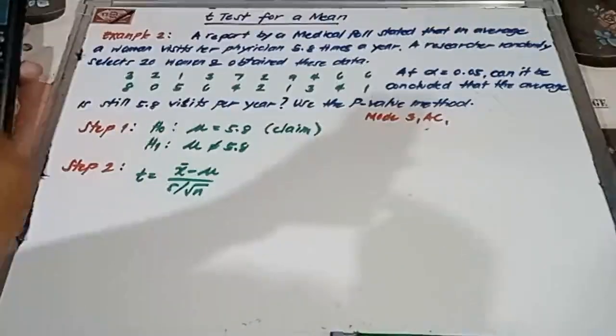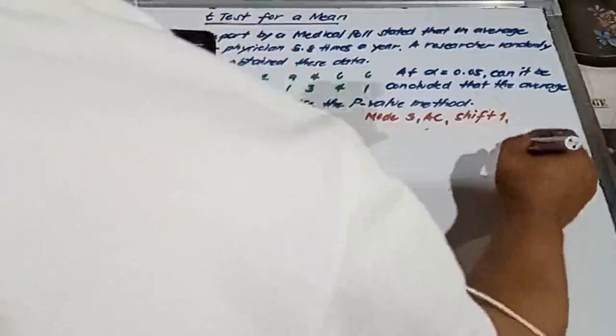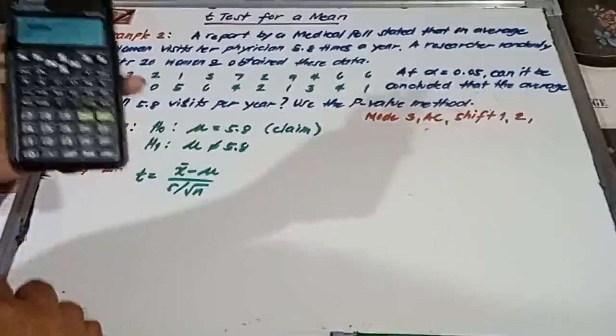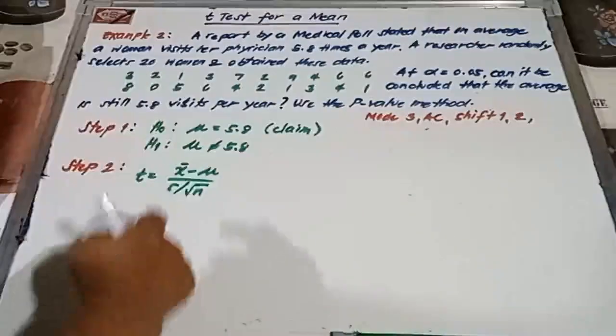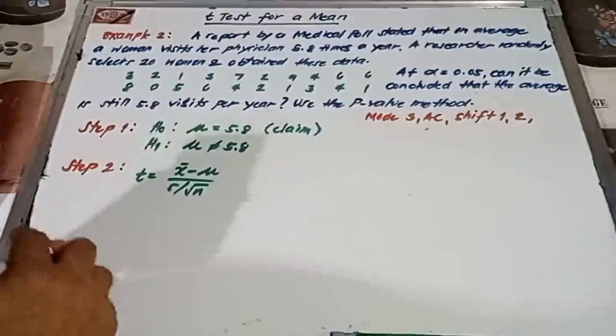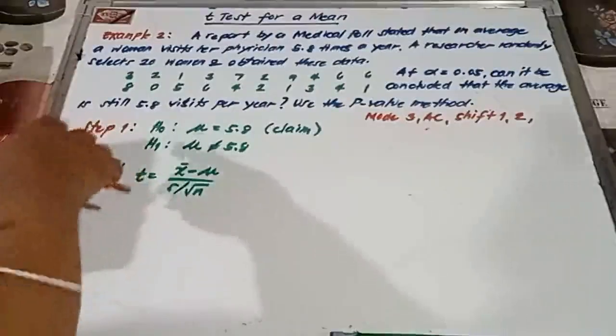Then, AC. Doon ka na sa stat. And then, shift stat, shift 1. And then, 2 data. Then, nakalagay na yung frequency column ninyo. So, ilagay natin yung mga x values natin. Hindi lahat, ano? So, ilagay na lang natin ang frequency for each x value.